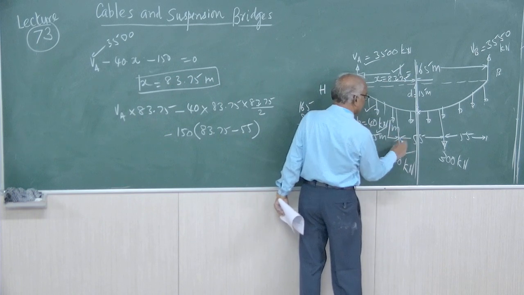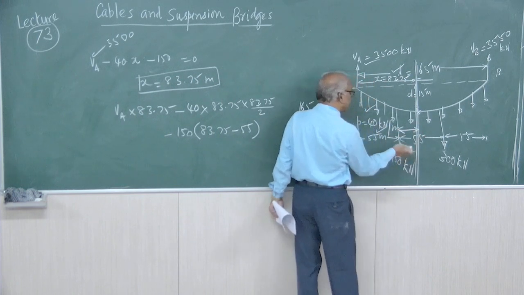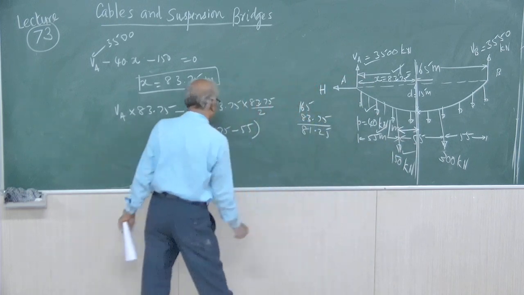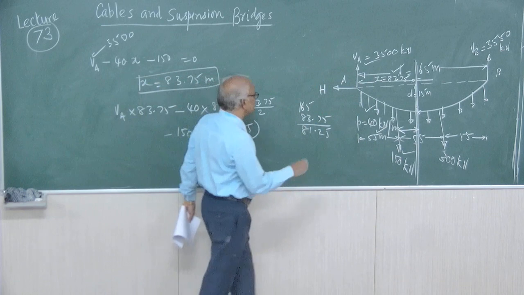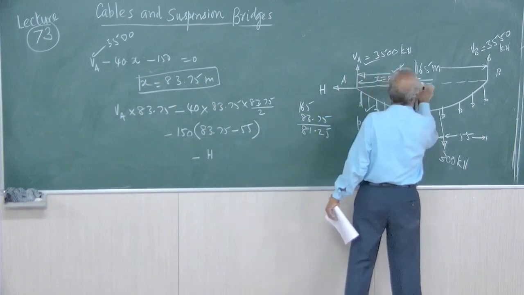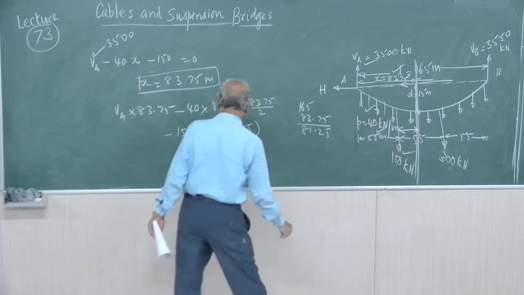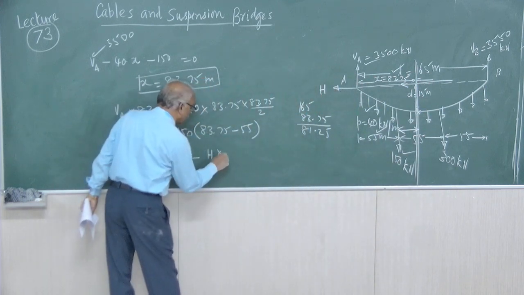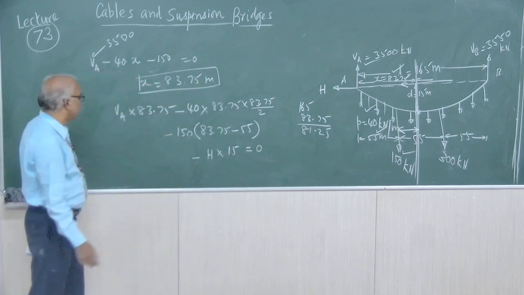Therefore, this distance equals 83.75 minus 55. Minus H, the line of action of the horizontal thrust, into d equal to 15 meters, H into 15 equals 0. Now we have considered all the forces to the left of the section.